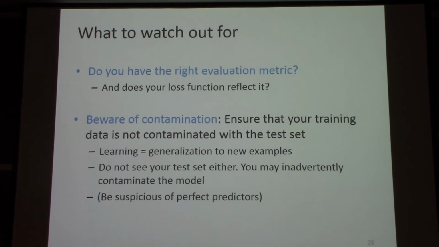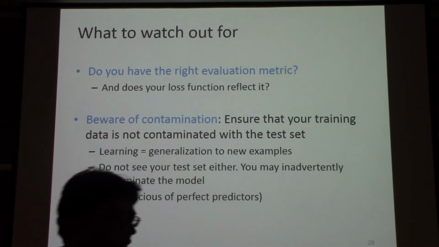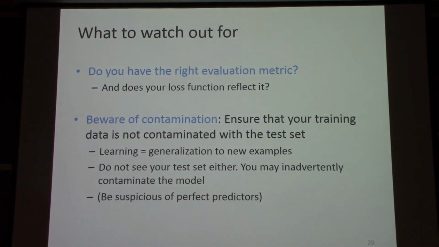A few things to watch out for. One important question you should always ask yourself when you're building this kind of system is, are you measuring the right thing? By that I mean, is accuracy the correct thing to measure? Many of your projects have a particularly interesting situation where you might have labeled data, and maybe 90% or 99% of the examples in your labeled data belong to one class, and only 1% belongs to the other class.